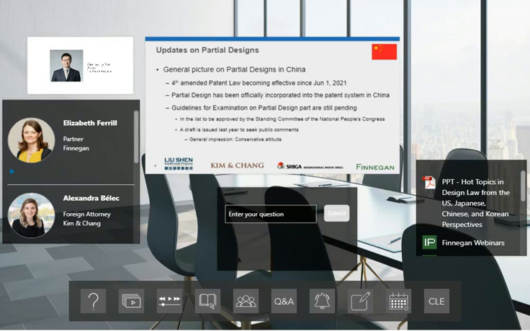So that's the reason why we believe that, as current practice or at the current stage, the whole attitude for such partial design would be a little bit conservative.